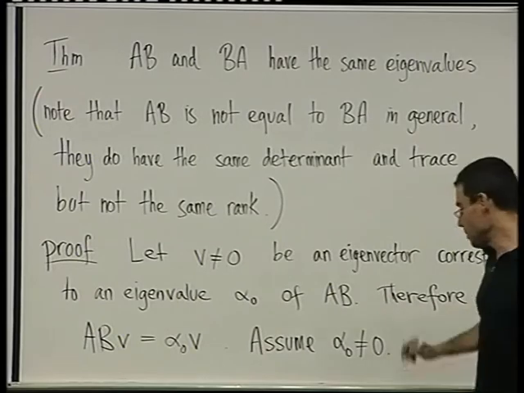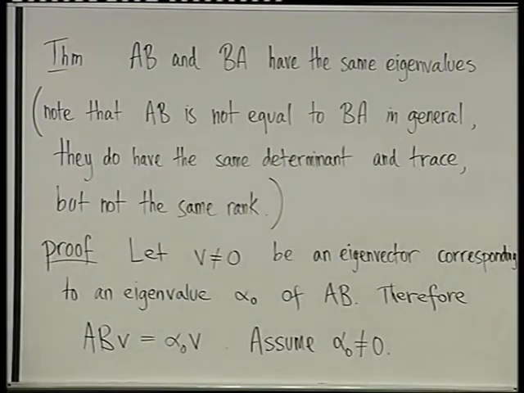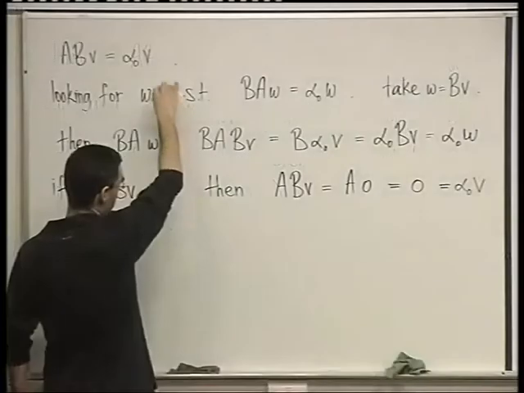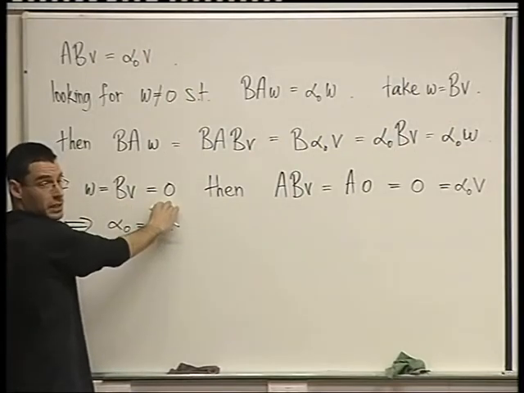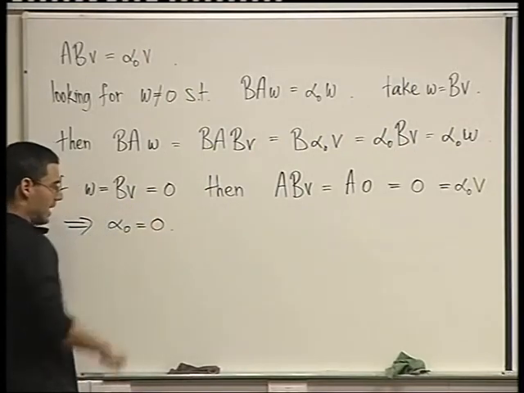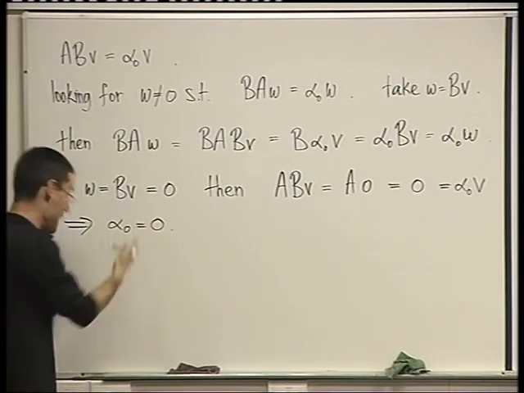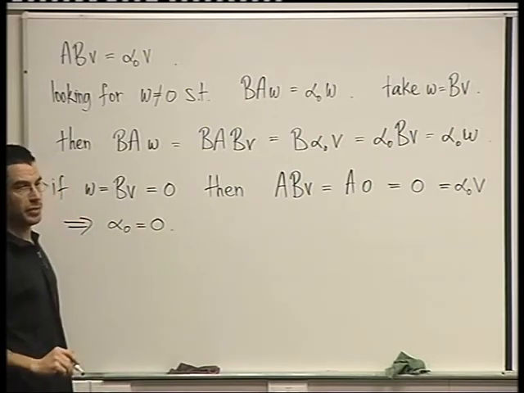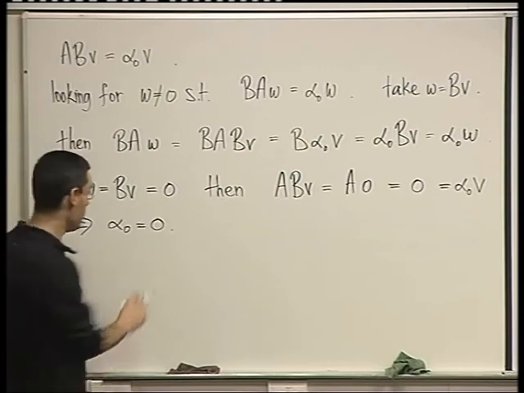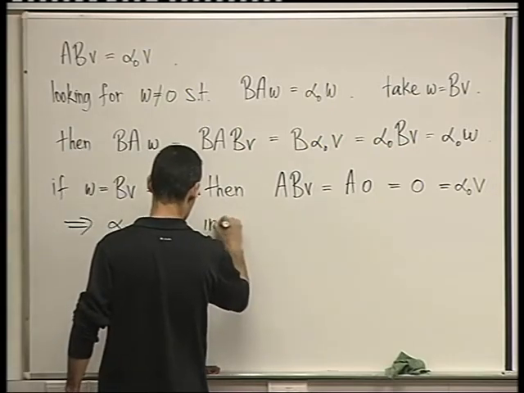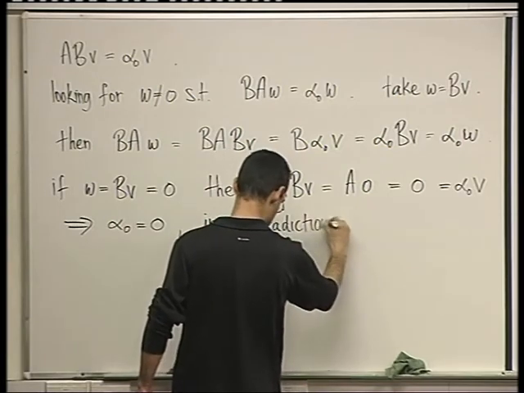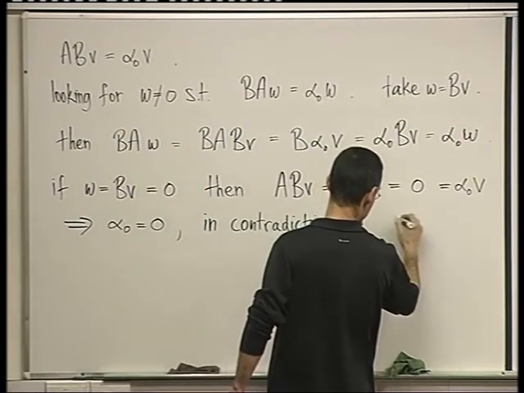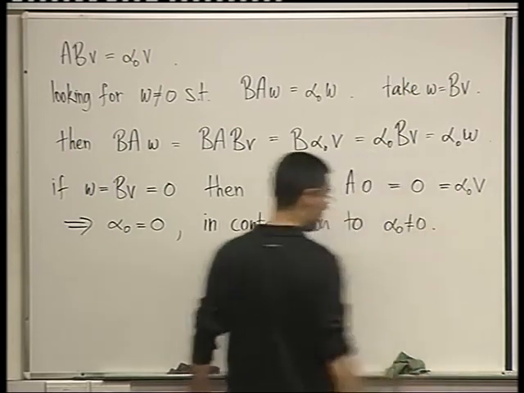Okay? And I'm going to deal separately with the situation where alpha 0 is 0. So assume that alpha 0 is not 0, and I'm back to this board, and we're looking for W, a non-zero vector. If W equals BV equals 0, then we agree that that forces alpha 0 to be 0, and now it's a contradiction to the assumption that alpha 0 is not 0.